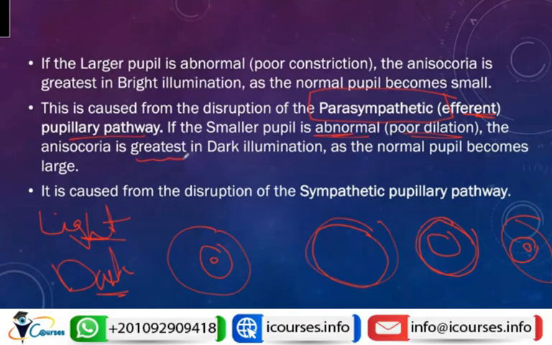If the anisocoria increases in the dark, then this means that the smaller pupil is abnormal because it fails to dilate. While if the anisocoria is more in light, this means that the abnormal pupil is the larger one because it fails to constrict.